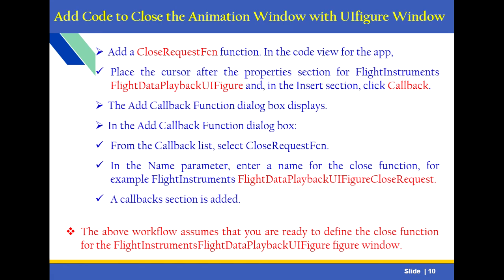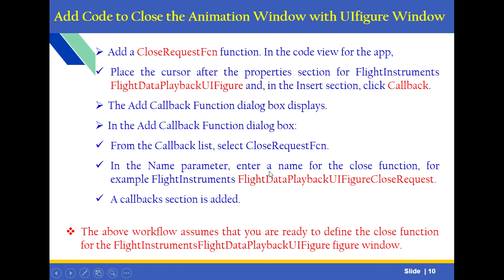Then add code to close the animation window with the UIFigure window function. Add a CloseRequestFcn in this code view of the app. You have to add the callback function in the dialog box. From the callback list, also select the MATLAB CloseRequestFcn.